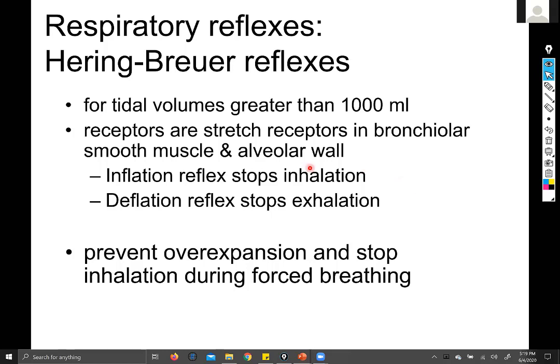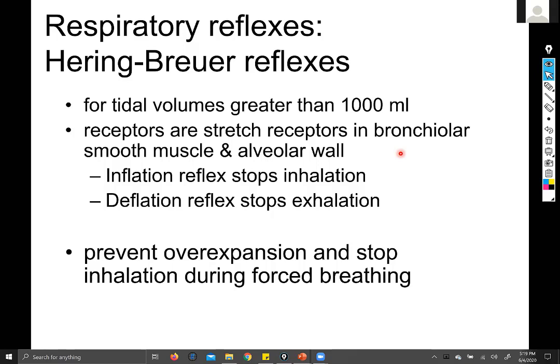All right, Hering-Breuer reflexes. These ones are interesting. So these are related to the volume of lungs, and that's where those stretch receptors come in. So not baroreceptors in the arterial vasculature, but receptors in your lungs themselves. So we talked about pulmonary compliance and how you want your lungs to be kind of stretchy and easily expandable.